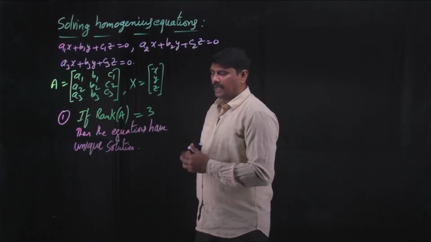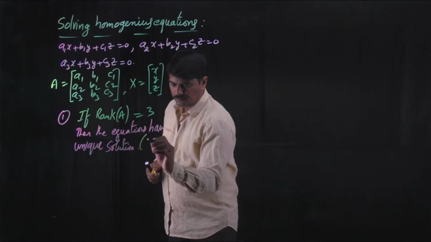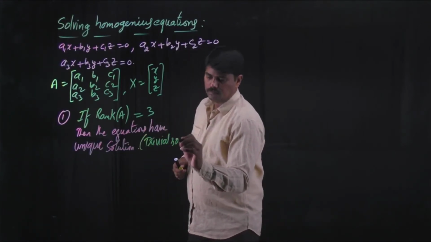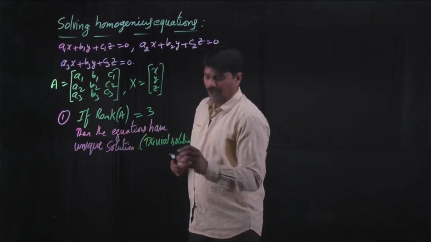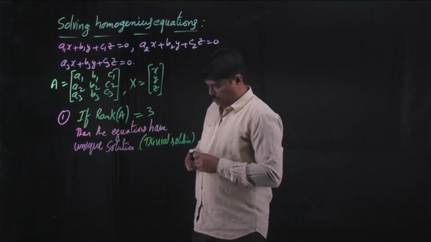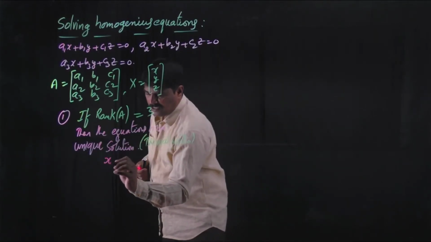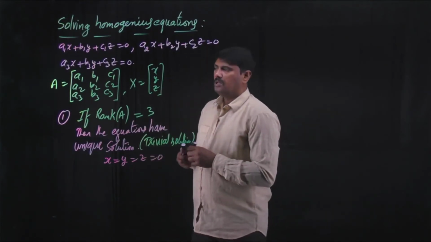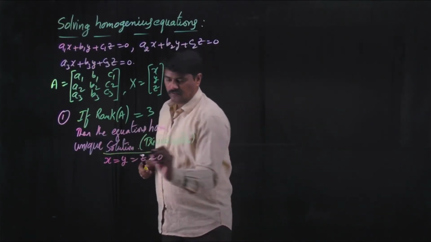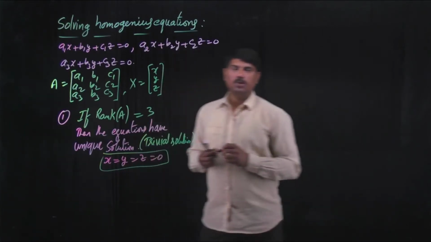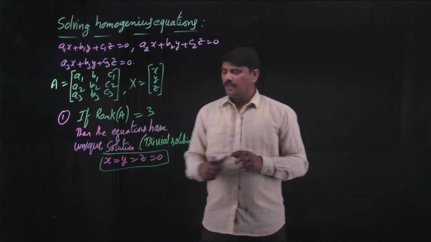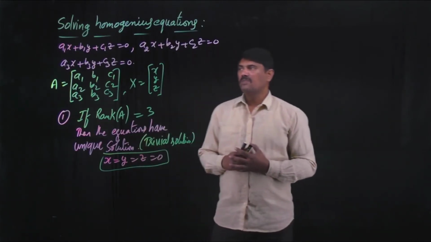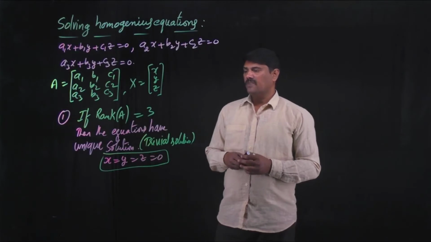We call that one a trivial solution. And that trivial solution, you have to remember, is x is equal to y is equal to z is equal to 0. So the only possible solution, if rank of A is 3, is x is equal to y is equal to z is equal to 0. This is the solution of the homogeneous equations when rank of A is 3.